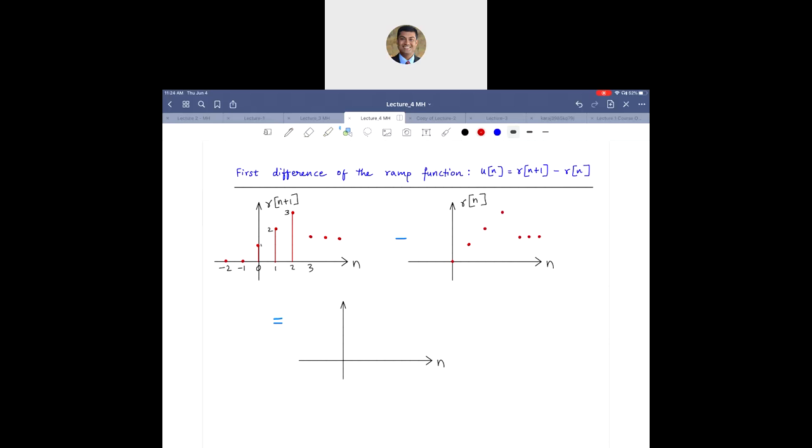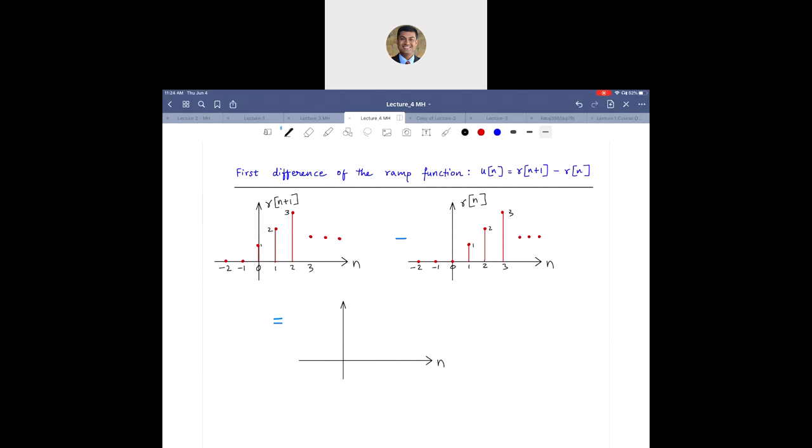And then 0 there, 0 there, and so on. Mark the times, mark the amplitudes.